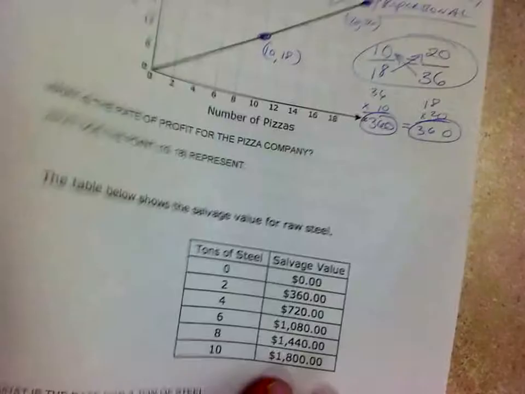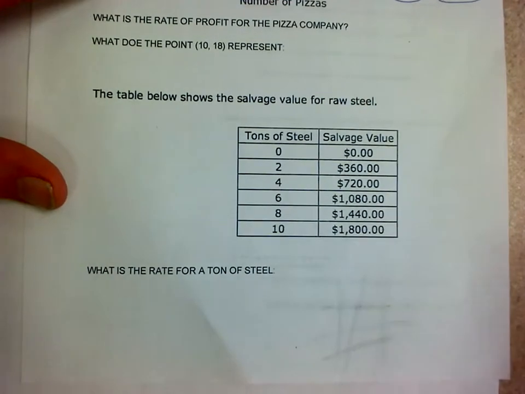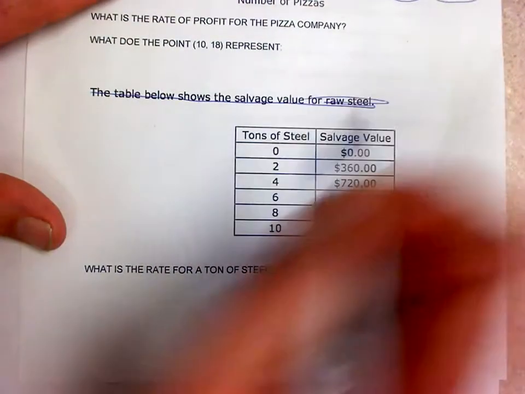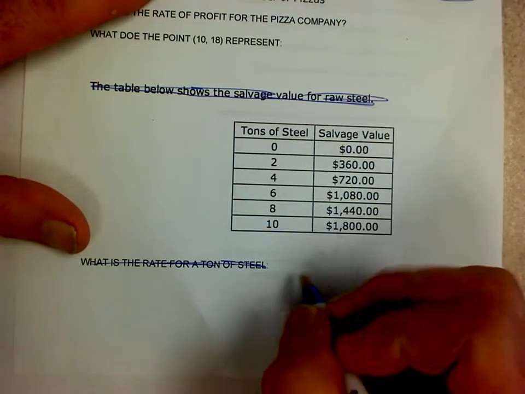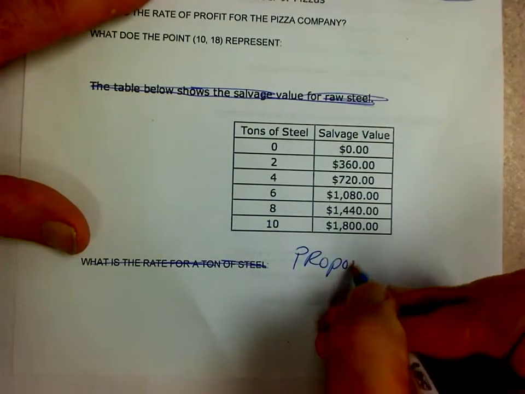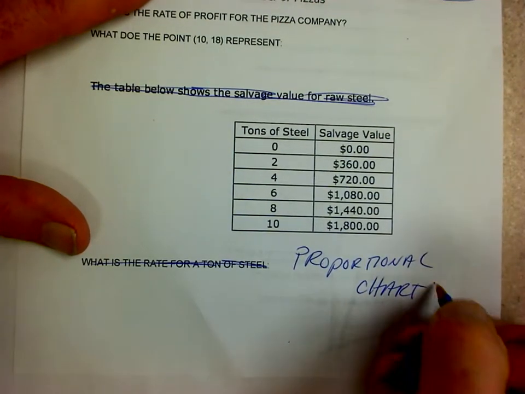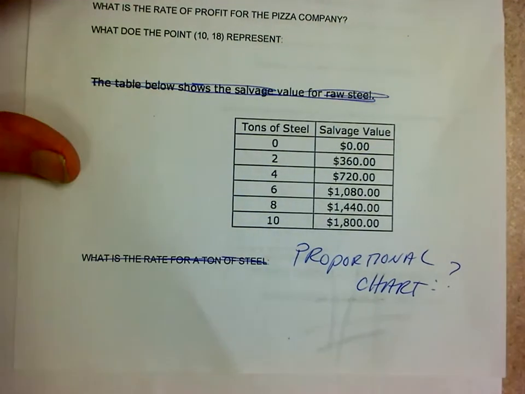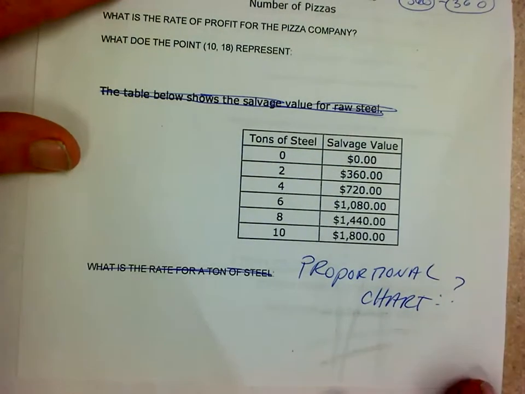Same thing down here at the bottom. If I give you a table and ask the question, is the table proportional? Again, ignore these. We just look at the table itself. Do we have a proportional chart? Yes or no? Well, again, same deal. If we want to prove if something's proportional, we should be able to build proportions.